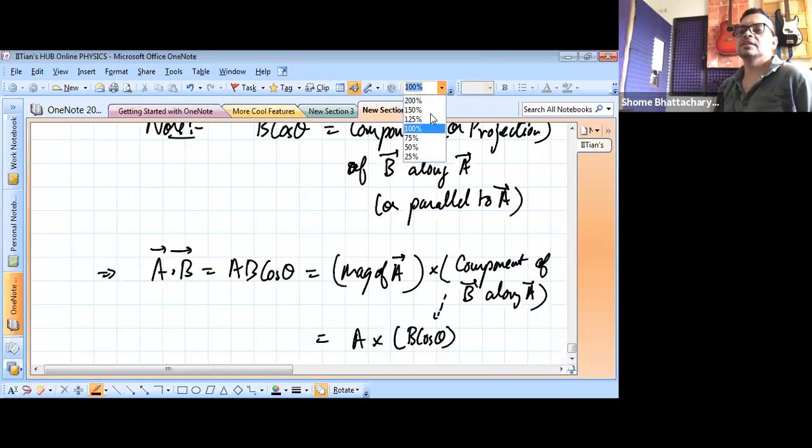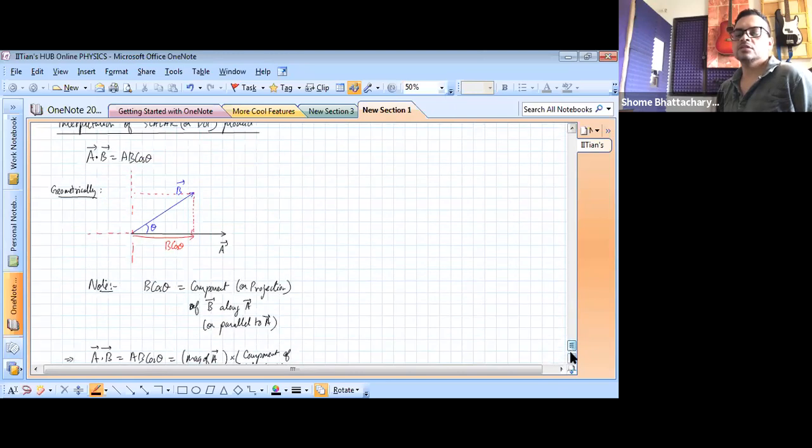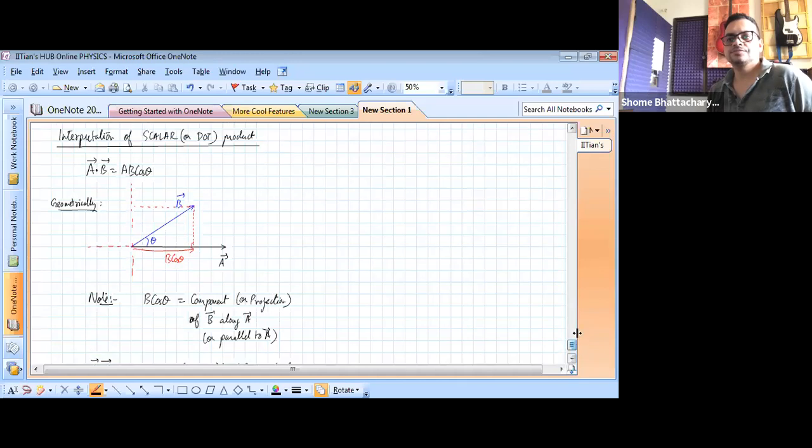This is why we take B cos theta when we multiply with A: we want to multiply the vector A's magnitude with the component of B which is along the vector. Just make a note of this point and understand this first.